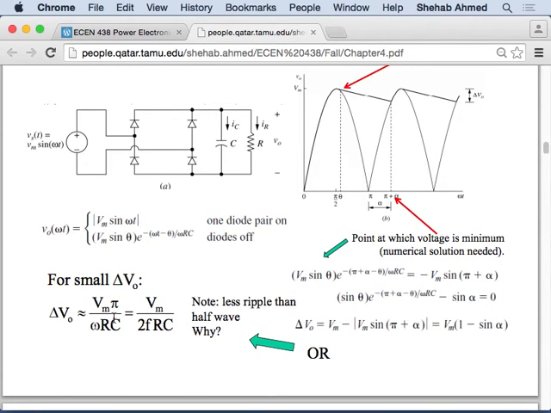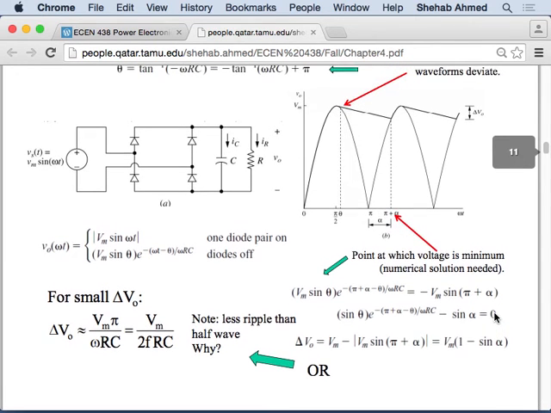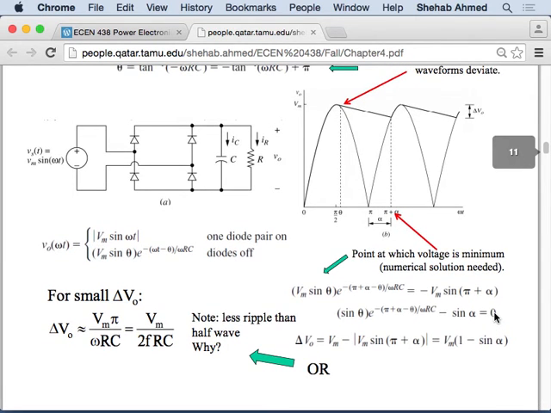The derivation for the approximation, I don't want you to know. I think you should look at it from an engineering perspective. It's good to see what's happening and what approximations they use. But at the end of the day, this is the equation that you will have in your homework sheet, and you can use it when delta V is small. When delta V is large, you have to use the large equation. Okay, so hopefully this covers the question on the quiz and this slide.